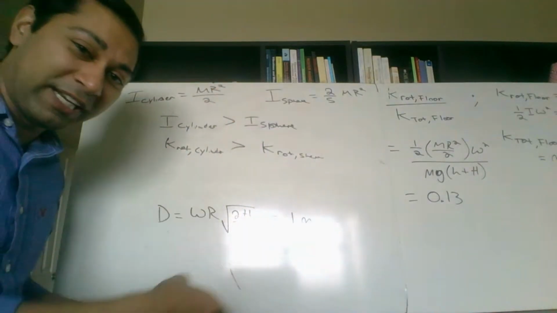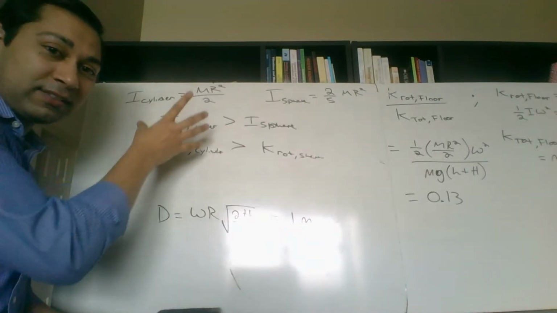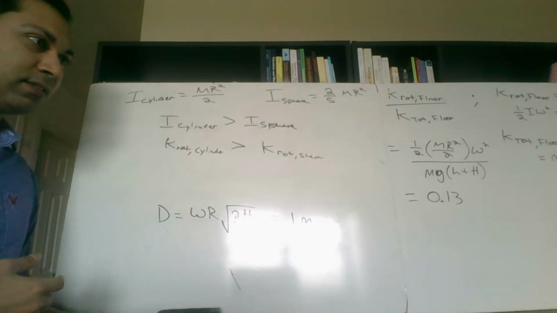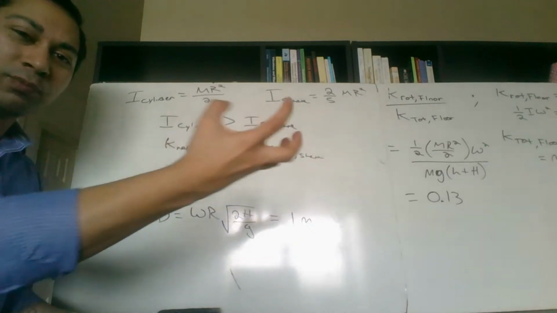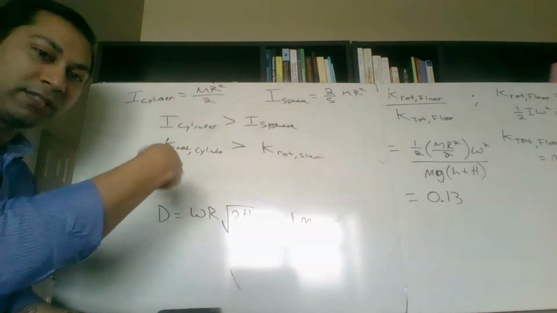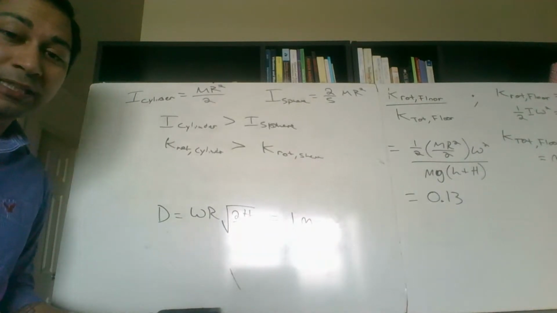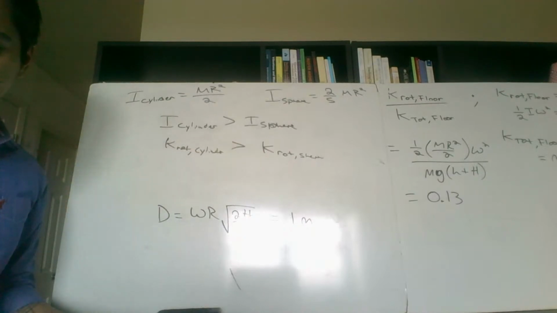Similarly, when we're talking about rotational stuff, because this has more rotational mass, it's going to give you more rotational kinetic energy. It just requires more from you to get this thing to spin. Another way to think about it is in terms of angular momentum. This one's going to have a greater angular momentum.